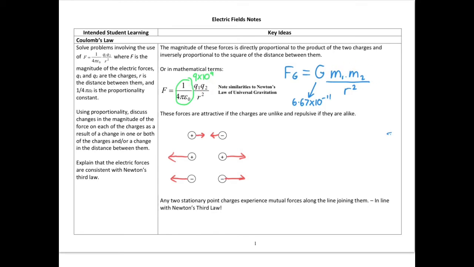Everyday charges might be of the order of microcoulombs, which is a millionth of a coulomb. But a millionth is 10 to the minus 6. So 10 to the minus 6 does not counteract that difference of 10 to the 20. So typically electrostatic forces are much stronger for similar objects than the gravitational forces.